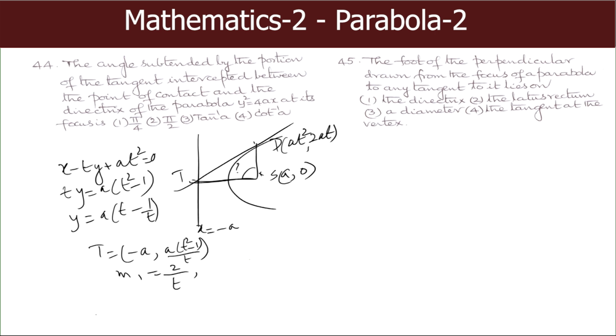Slope of ST, so this is a(t² - 1)/t by -2a. A and a get cancelled. (t² - 1) by -2t. M1, what is this?